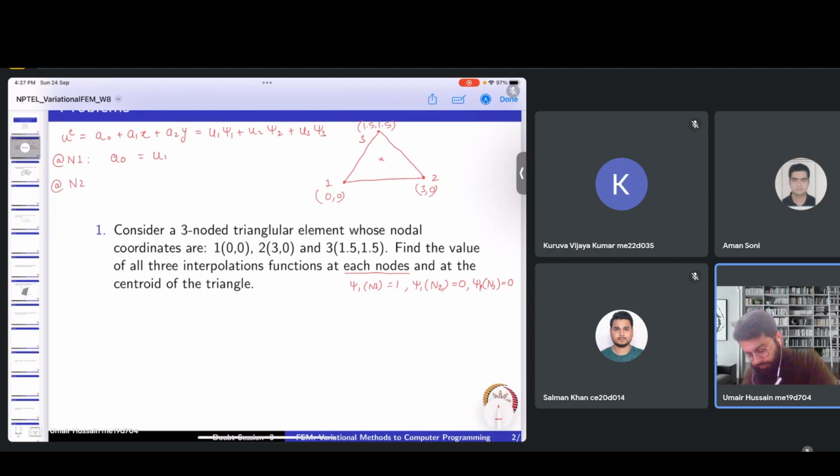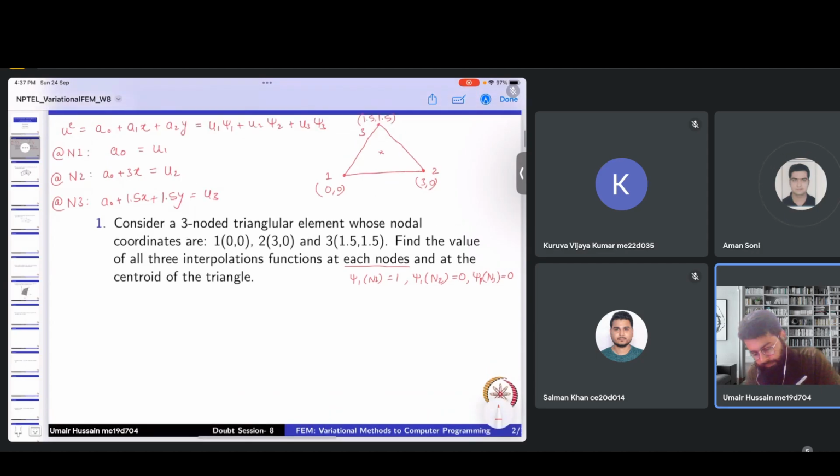At node 2 we have a0 plus 3 a1 equals u2. At node 3 we have a0 plus 1.5 a1 plus 1.5 a2 equals u3. Or we could have just formulated the matrix as usual: rows 1 0 0, 1 3 0, 1 1.5 1.5, using just the coordinates.